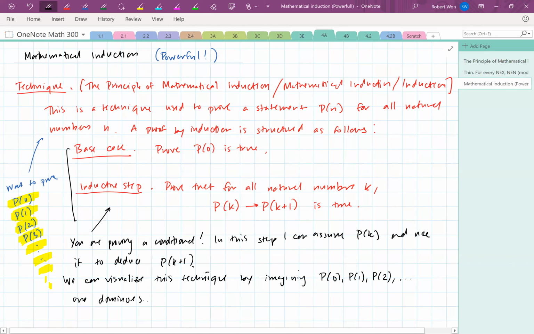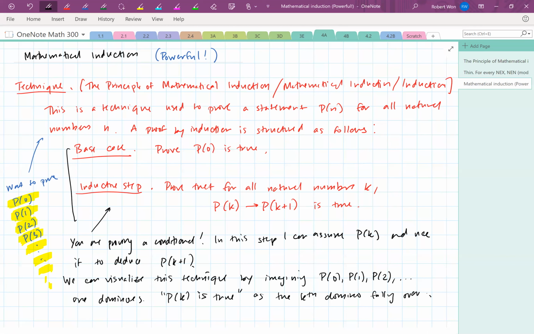And then visualize P of k is true as the kth domino falling over. Right, so at the beginning, you have an infinite list of statements that you're not sure whether they're true or not. You're trying to prove it. P of 0, P of 1, P of 2, we have an infinite number of dominoes. And we'll say that it's true if it falls over.